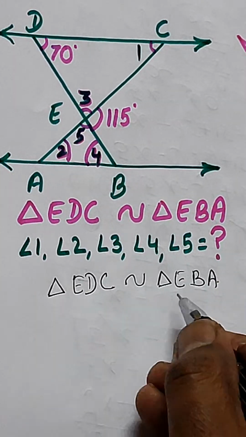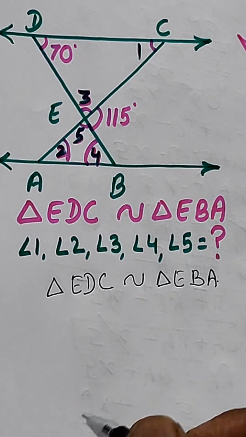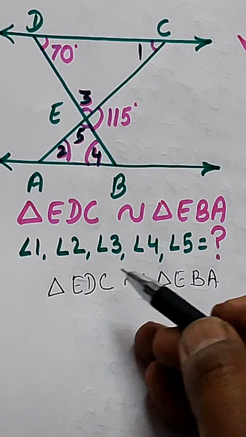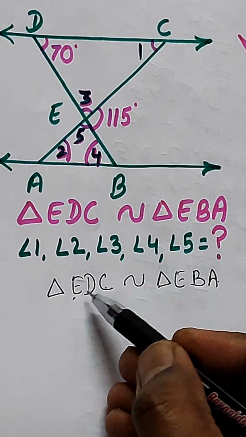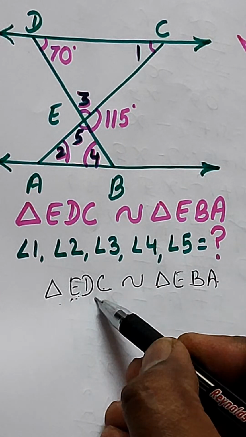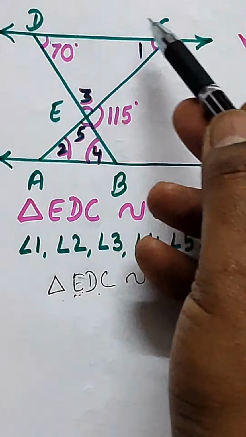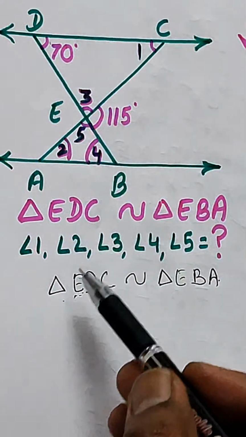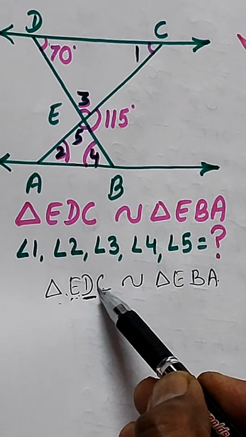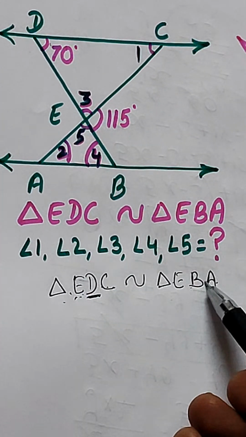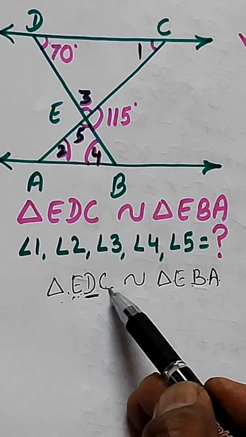And if two triangles are similar, then their corresponding angles are equal. So here, for triangle EDC, the angle lying in between, angle EDC, will be equal to angle EBA.